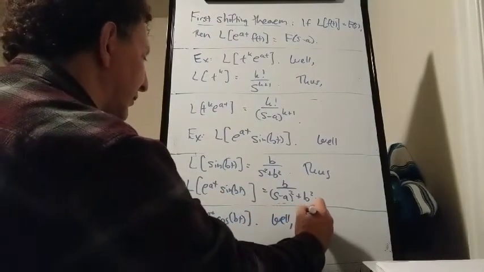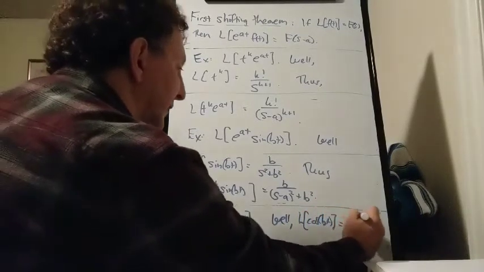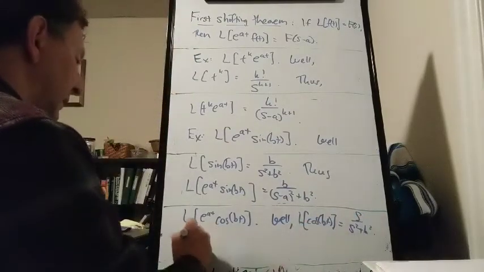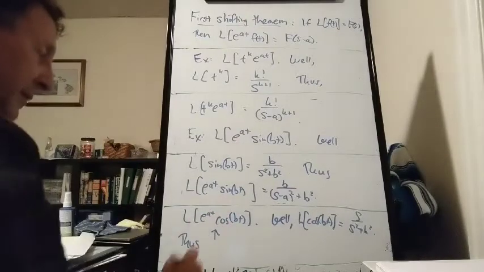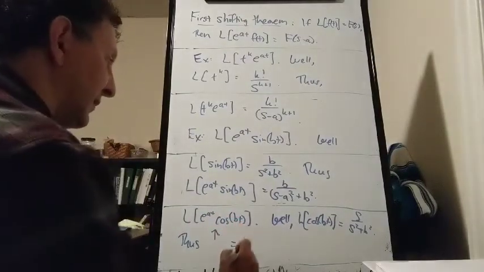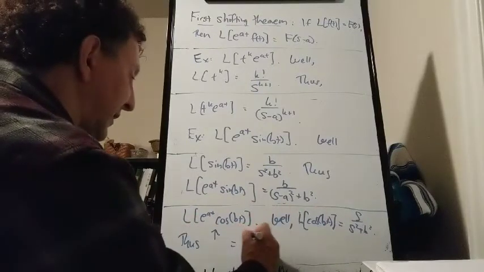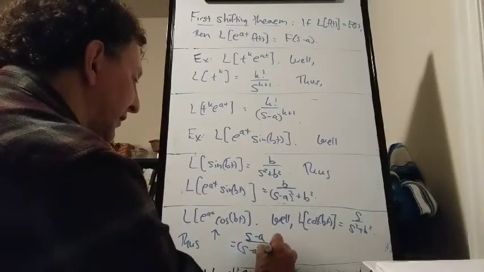Well, the Laplace transform of cosine of bt without the exponential is s over s squared plus b squared. So we'll just plug in an s minus a everywhere there was an s: s minus a over s minus a squared plus b squared.